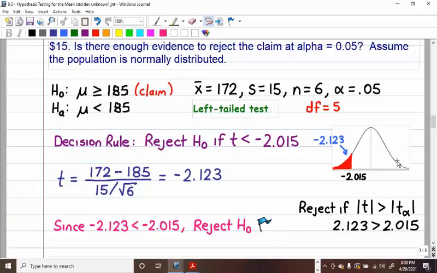If you mirror image it over, you would see that positive 2.123 is definitely greater than positive 2.015, so you would reject.